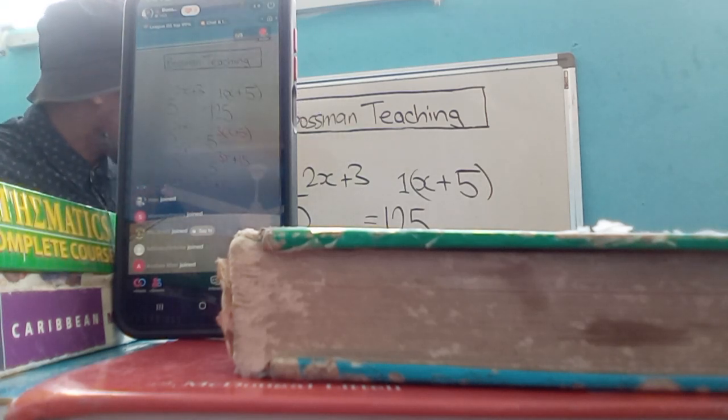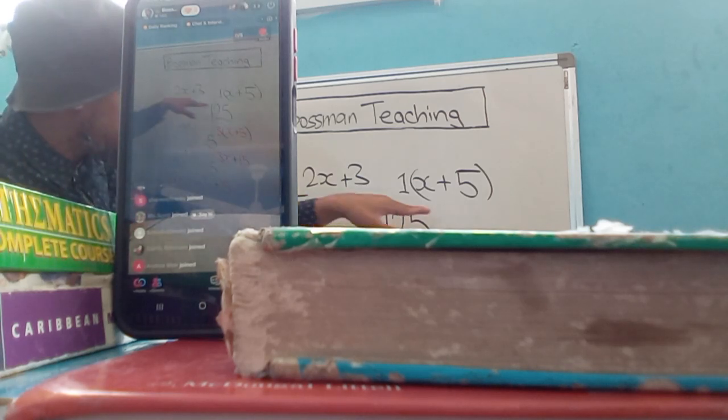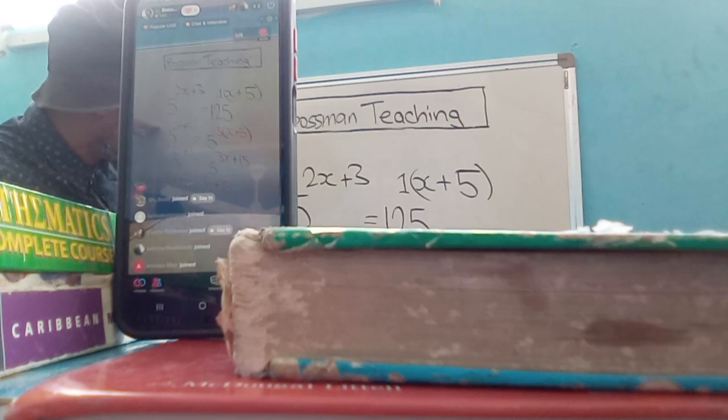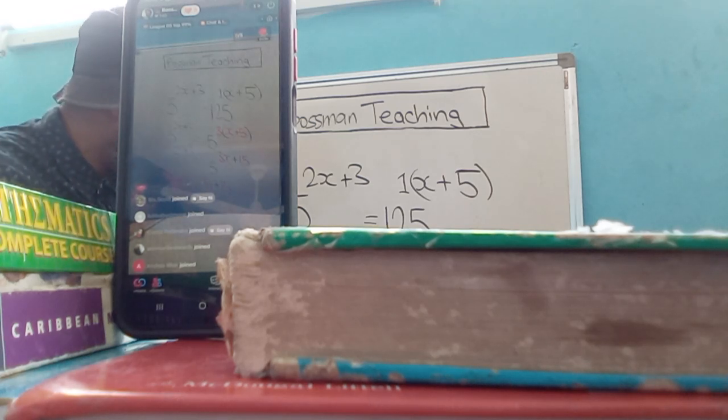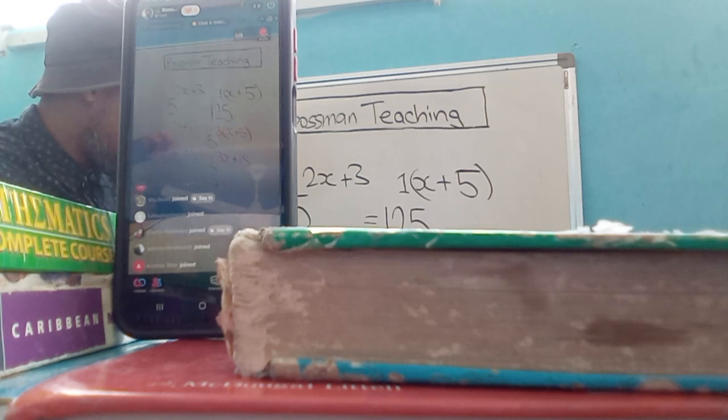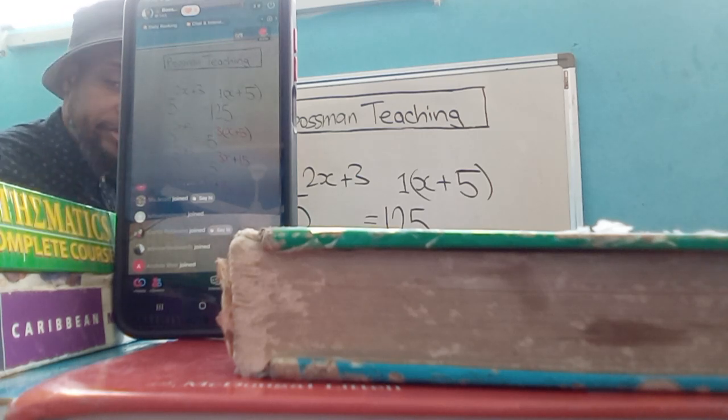So the good thing with this is that we'll go from the indices rules to basically creating one linear equation and another linear equation, and we'll solve that from there.